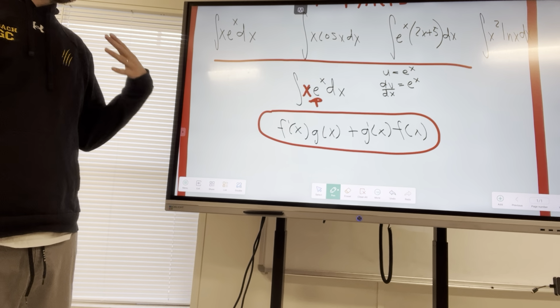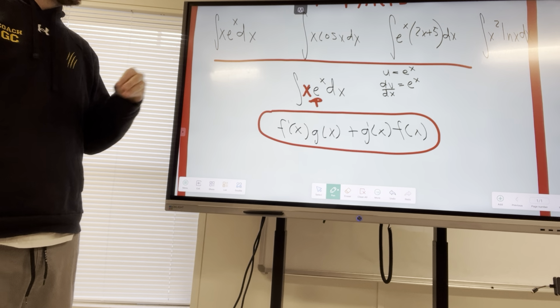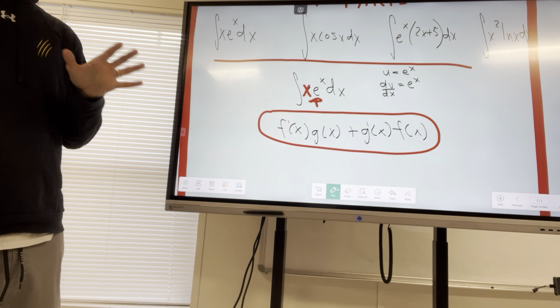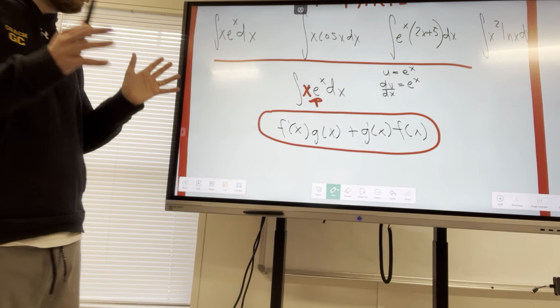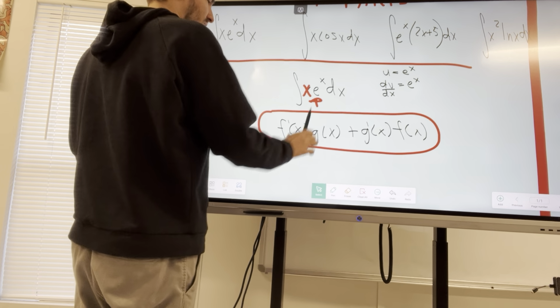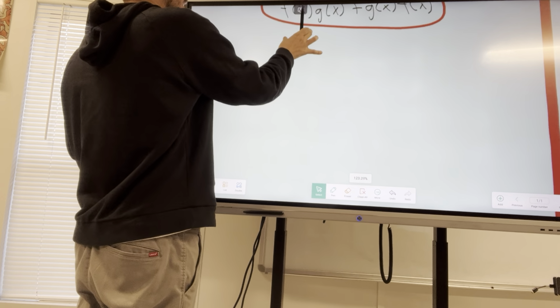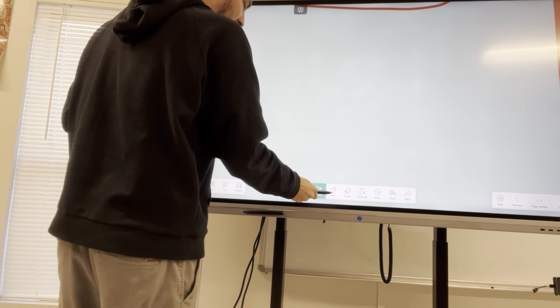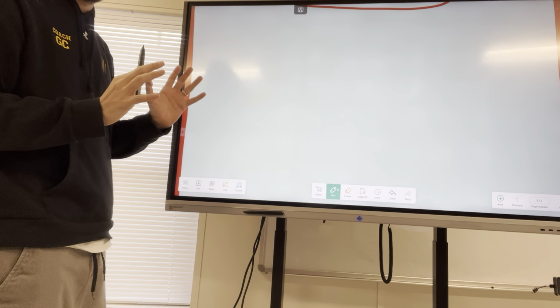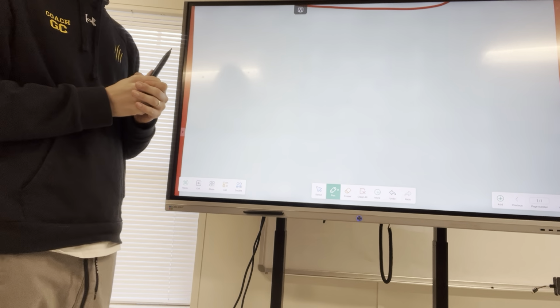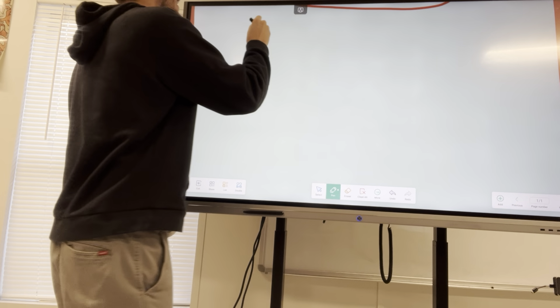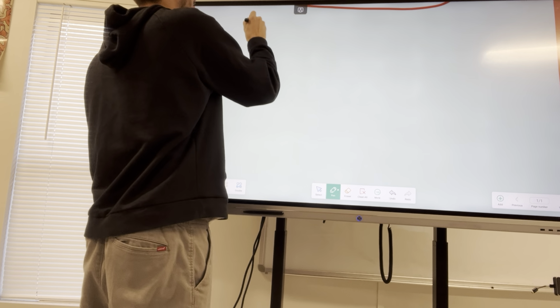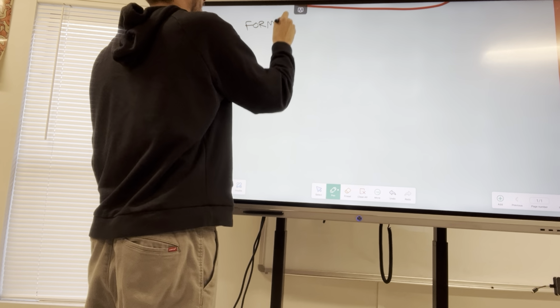It is a formula that we're gonna learn for integration, and it kind of is gonna look like this formula. All I can advise for you today is lock in on these notes because it's gonna get kind of crazy pretty fast. Okay, here is the formula that you're gonna be using.